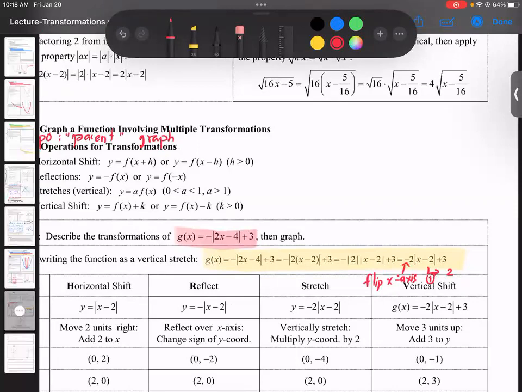Narrow, right? Narrow means it goes faster. We already took care of the flip, so forget about that. Here is the positive 2, right? So you're going to vertical stretch. By how many units in the y direction? 2, right? So step number 3, vertical stretch. And the last one, always the last one, vertical shift of 3. Step number 4.